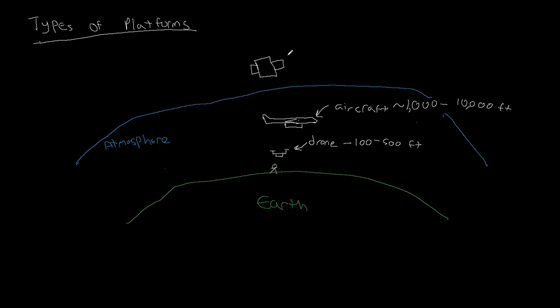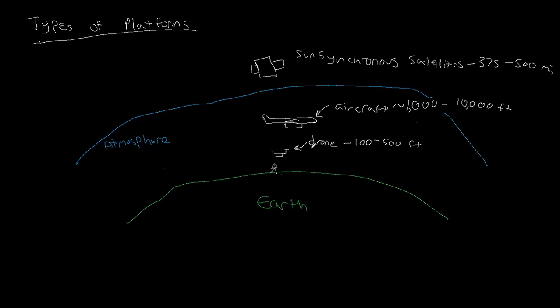Closest to the Earth, we have what are called sun synchronous satellites, and these are about 375 to about 500 miles.